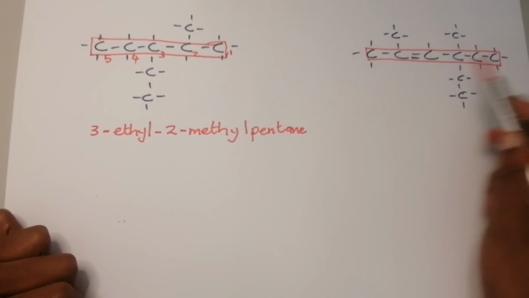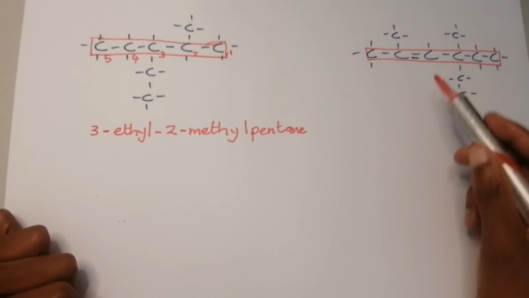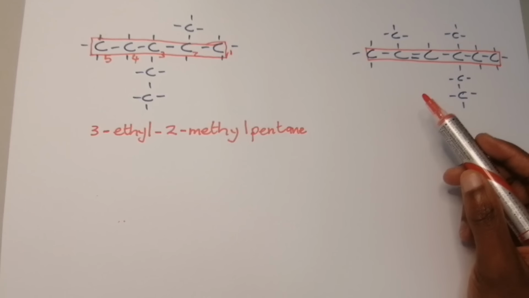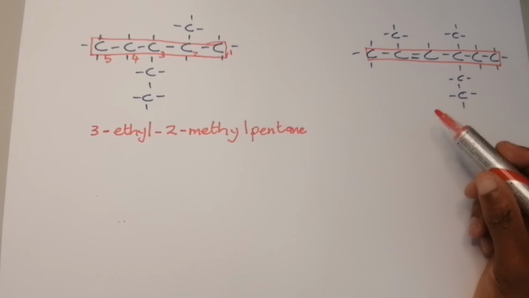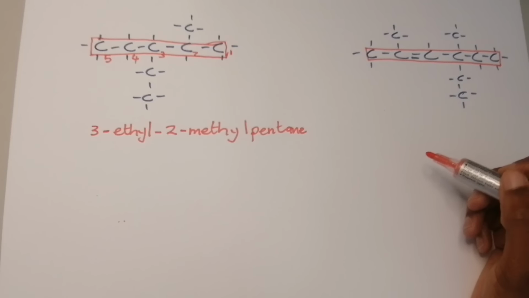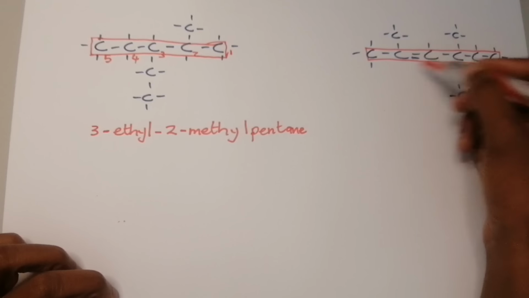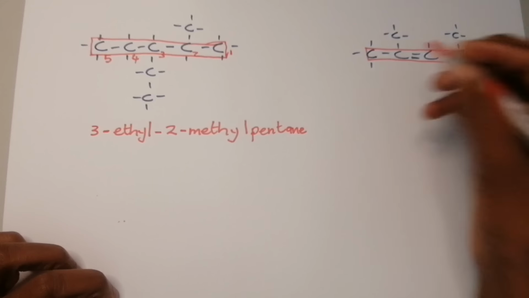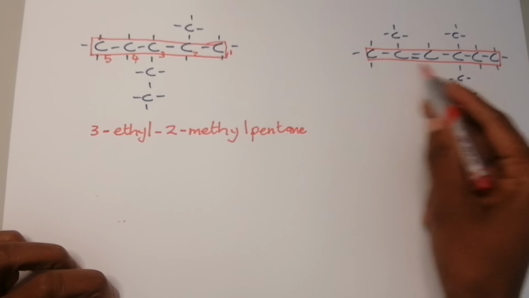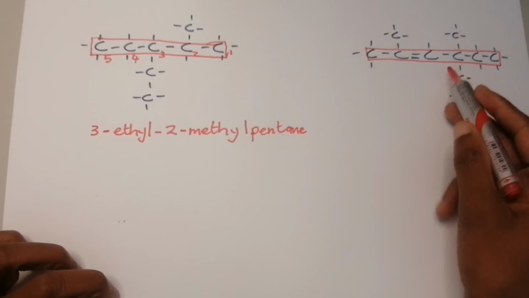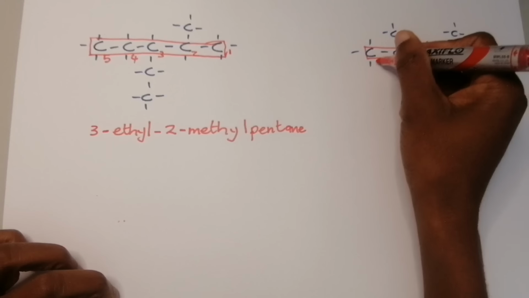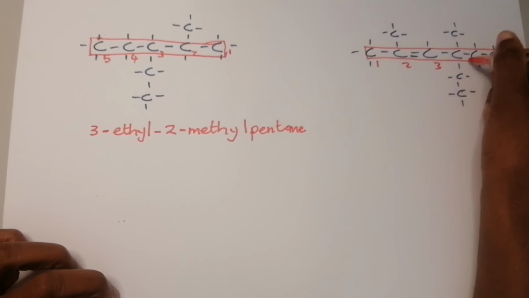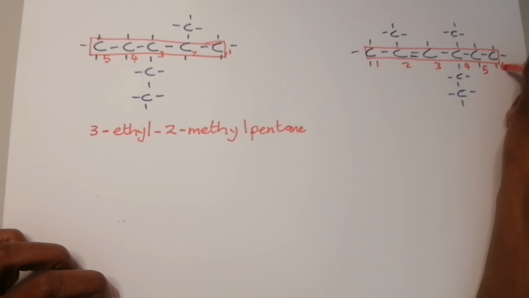Not the side chains, not the substituents in this case, but rather the double bond, right? That's our functional group. So I'm going to number. The closest side from our double bond is the left hand side, isn't it? So I'm going to number from that side. So that's 1, 2, 3, 4, 5, and 6.